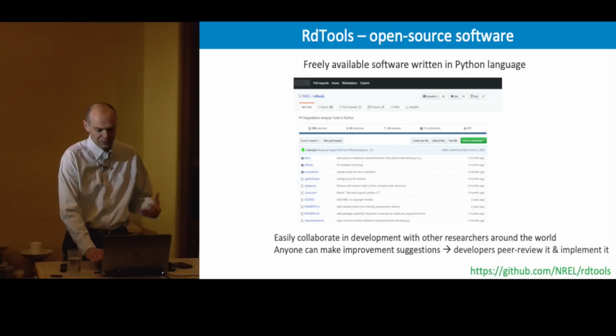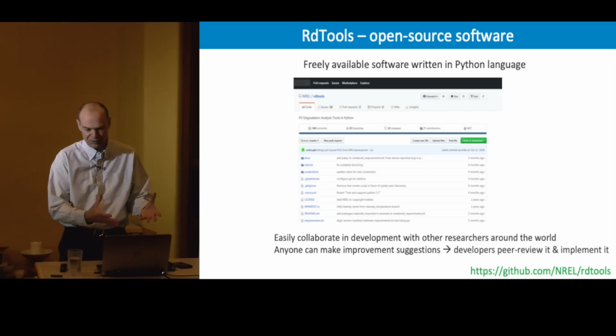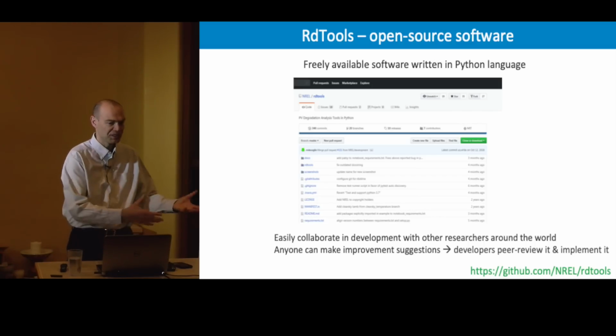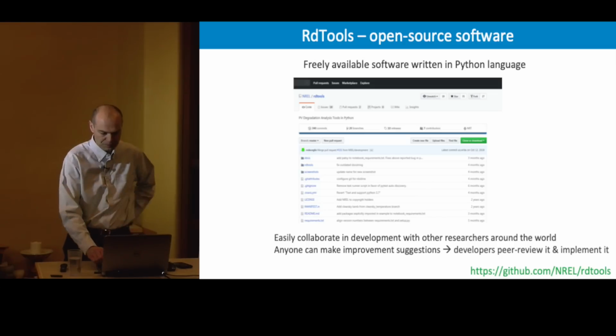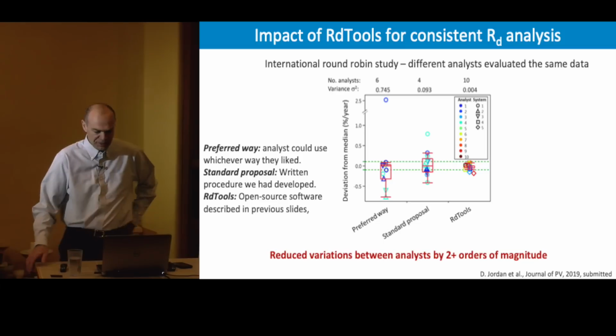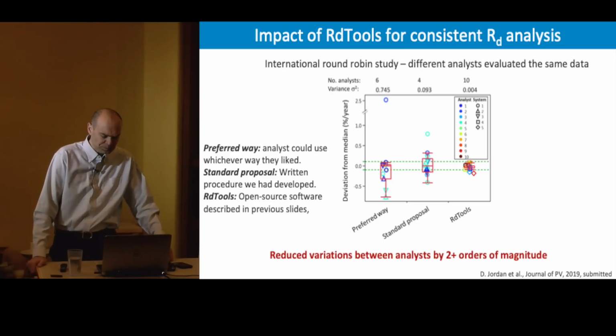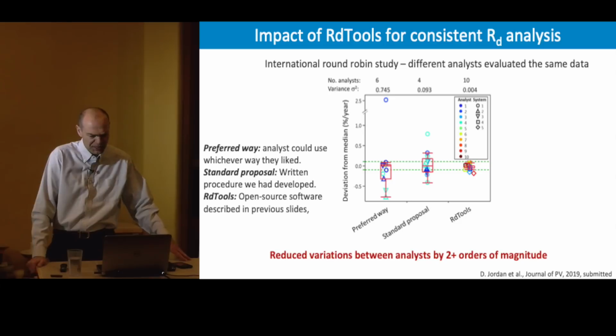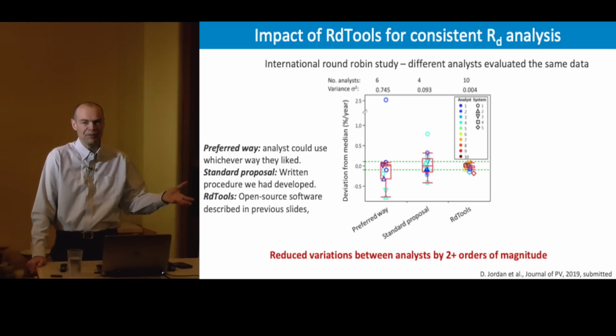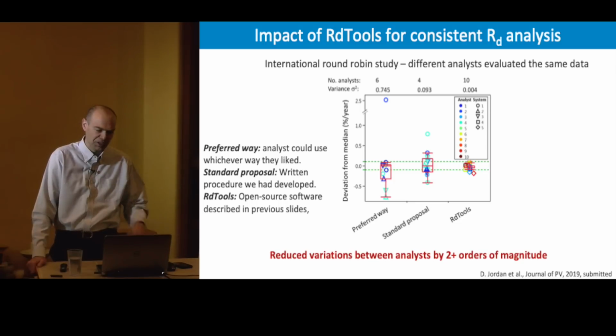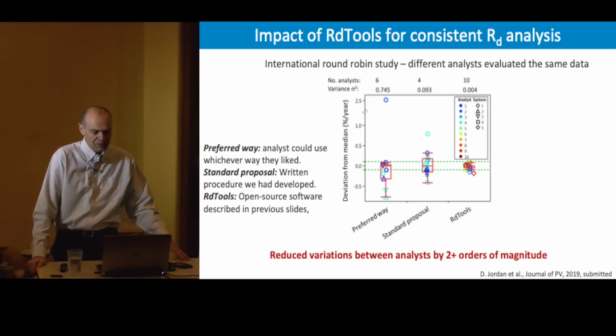If somebody has suggestions on how to improve it, they can put their request in, and then the developers can peer review that. It had a tremendous impact on the consistency. So what's shown here in this graph, in the first round, we gave the same data set to a bunch of different analysts, and they all had experience analyzing this.